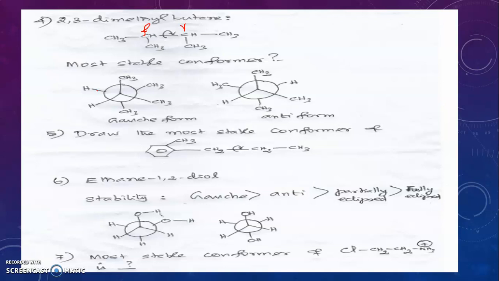So here I have taken the two possible staggered conformations for 2,3-dimethylbutane. Now I am going to show you how to identify the most stable conformer.